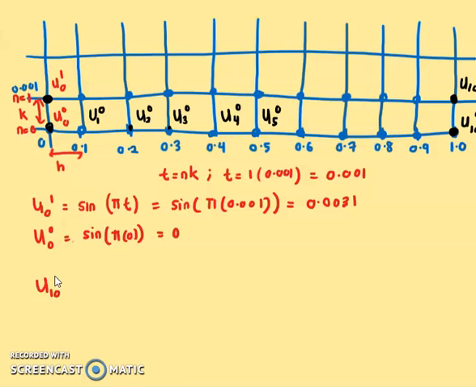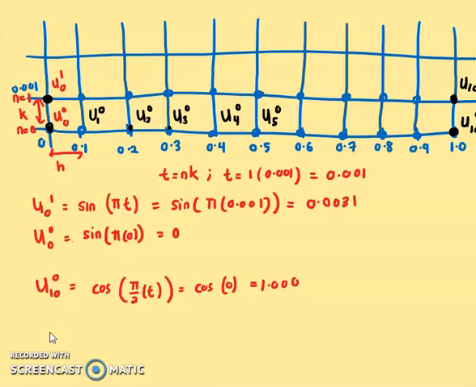So we have u 10,0, which is cos pi over 2 when t is 0. Okay, so it's not pi over 2t, it's like this: cos pi over 2 t, where t is 0, so cos 0, which is 1.